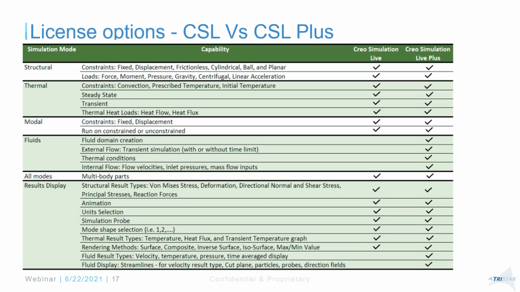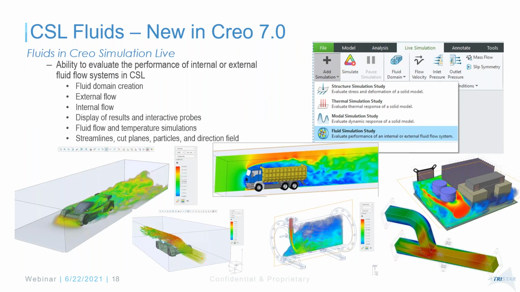You're able to do that with Creo Simulation Live, getting instant feedback, quick updates, reports, etc. As far as fluids, if you want to do fluid domain creation, internal flow, external flow, and add some thermal conditions and temperature as well, then you would need Creo Simulation Live Plus, which is applicable only starting Creo 7.0. So there are two license extensions for Creo Simulation Live.